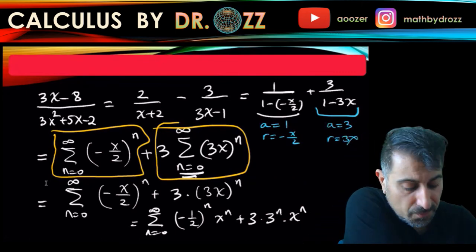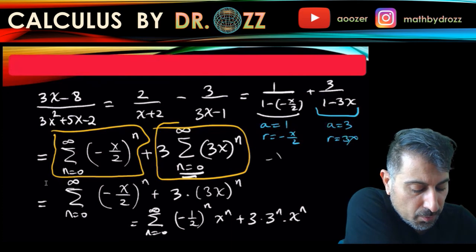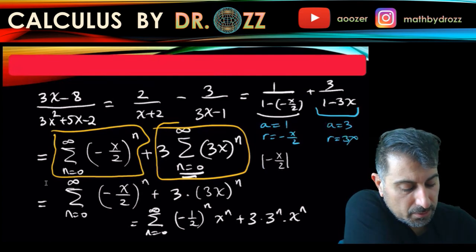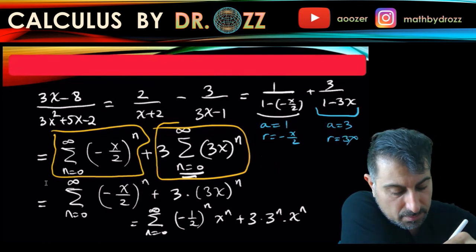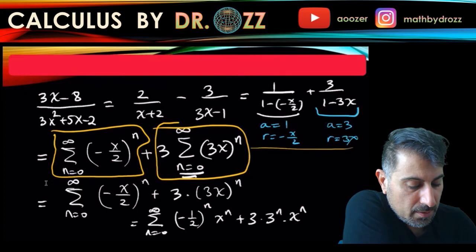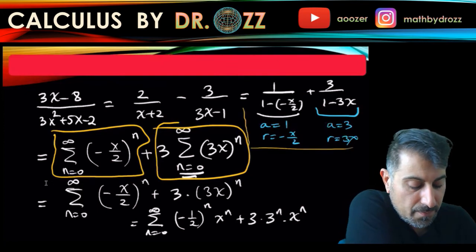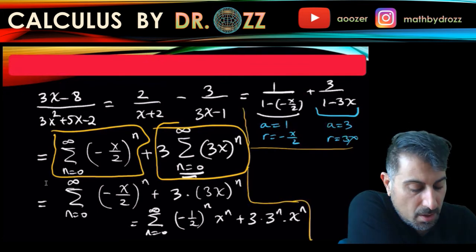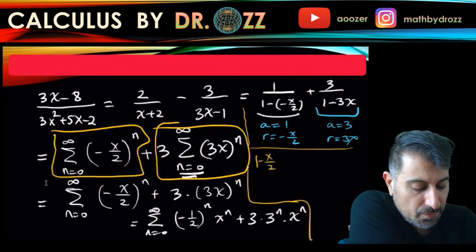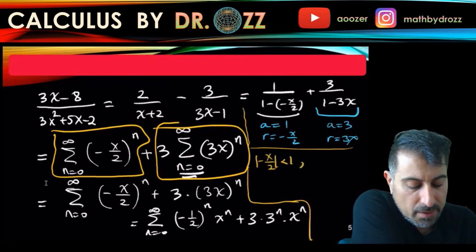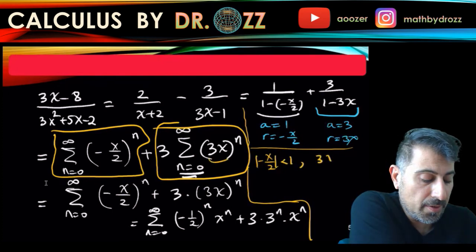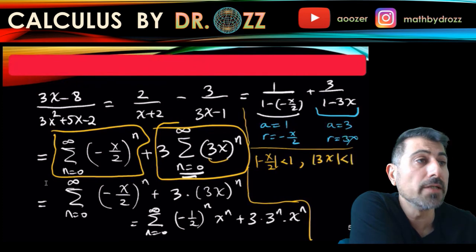For the first one, r is negative x over 2. I want its absolute value to be less than 1. Maybe I should use another color here. How about red? Here we go. Negative x over 2, absolute value less than 1. And here, r is 3x, so I need the absolute value of 3x to be less than 1.